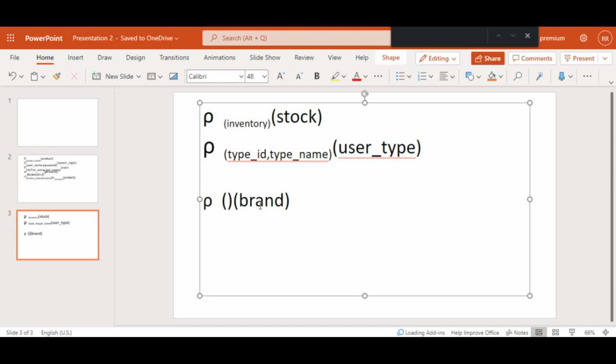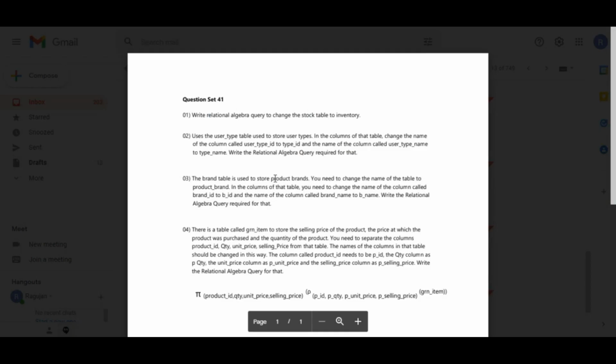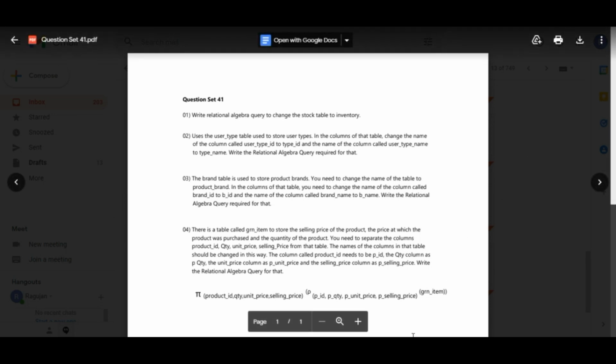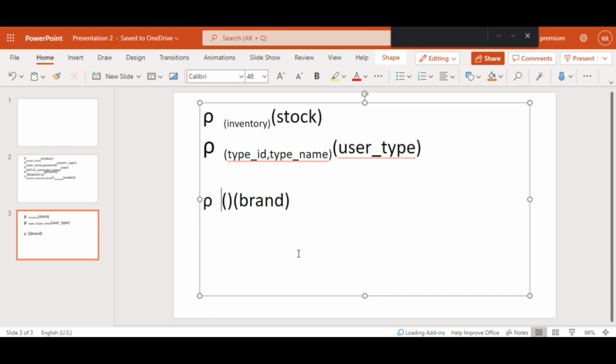We are working on the brand table, and now we are going to change the brand table's name first. So the new name would be product brand. You can mention the new name outside of the column like this, brand.